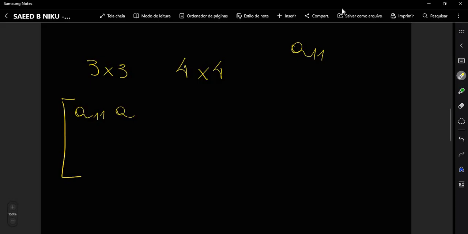So on this row we're going to have the elements A11, A12, A13, and that is the row, and that is the column.